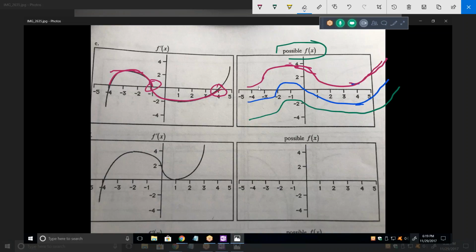I didn't really need to figure out what the second derivative looks like. I just have to know that I'm going to have 0 points on the second derivative at -3 and 1, and that's inflection points at -3 and 1.